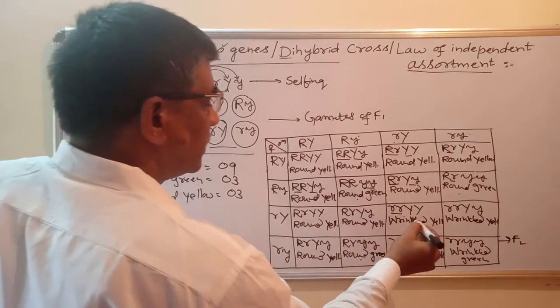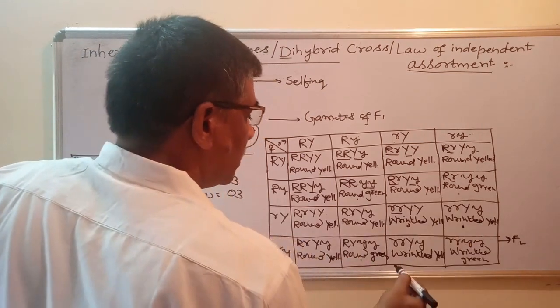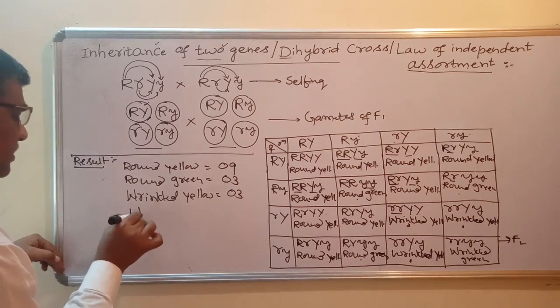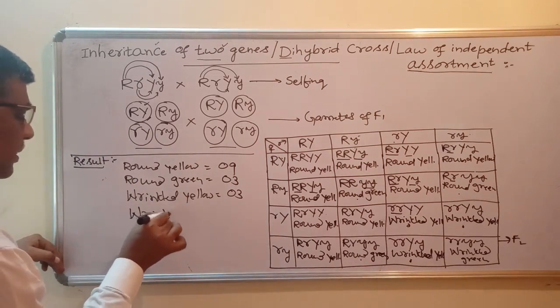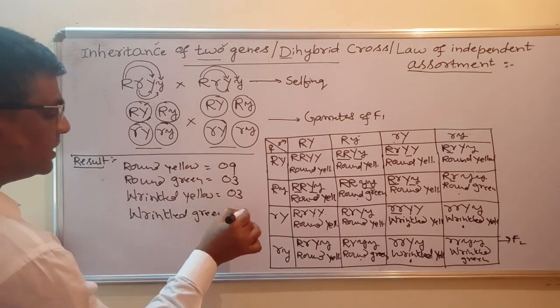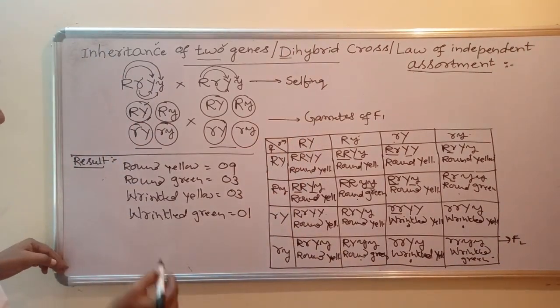Then the next one is wrinkled green, which is only 1.